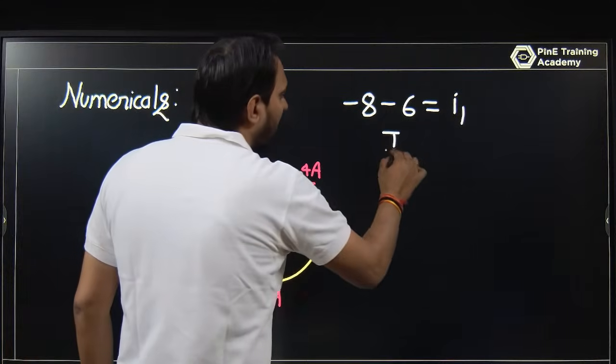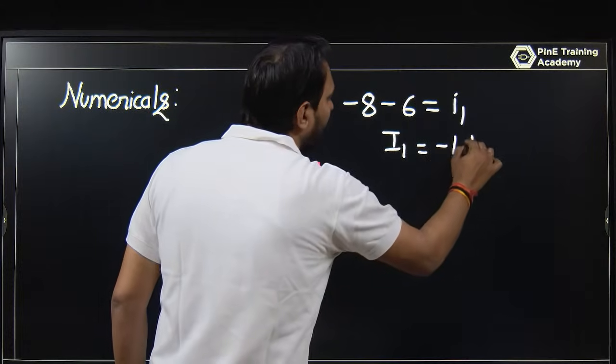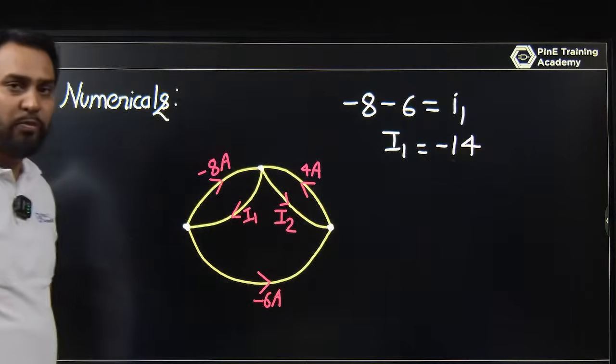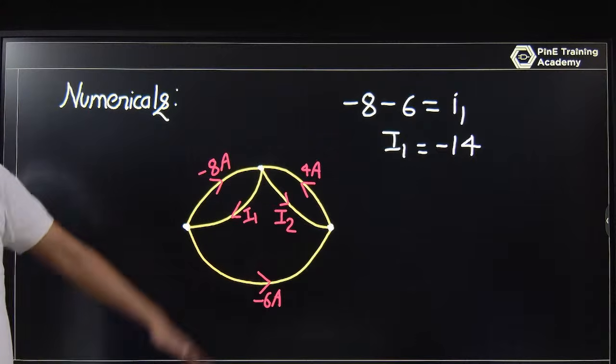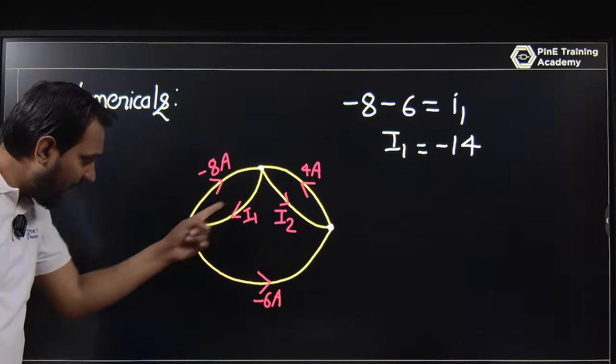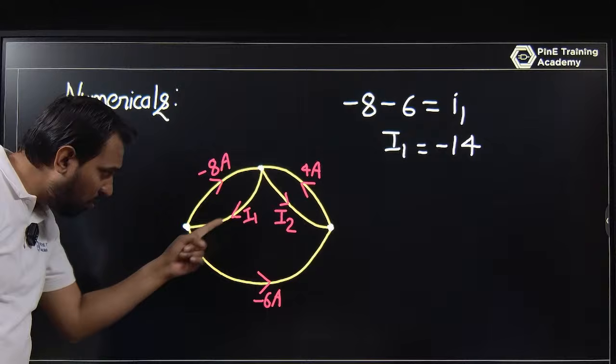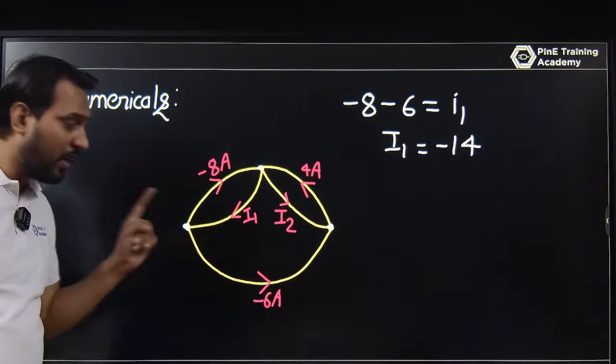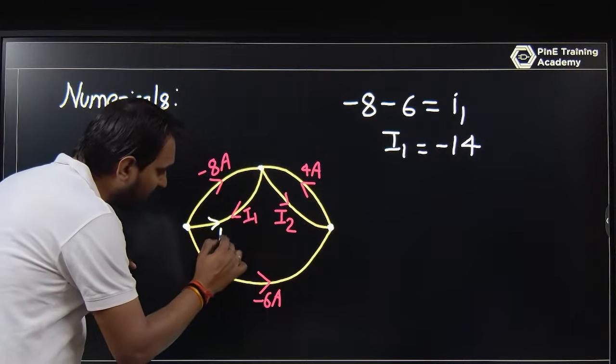So I1 becomes what? That is minus 14. 8 plus 6 becomes 14, and the sign is minus, so minus 14. So I1 has a direction such that if you look in this direction, it is minus 14. If you look in this direction, it is plus 14.